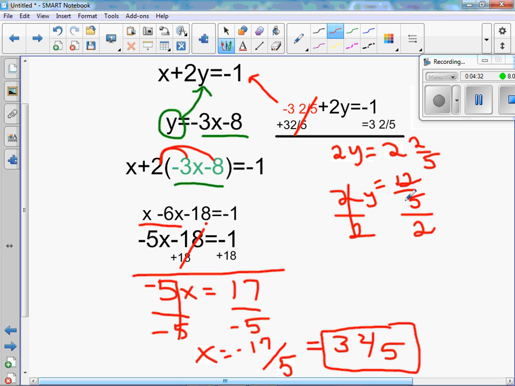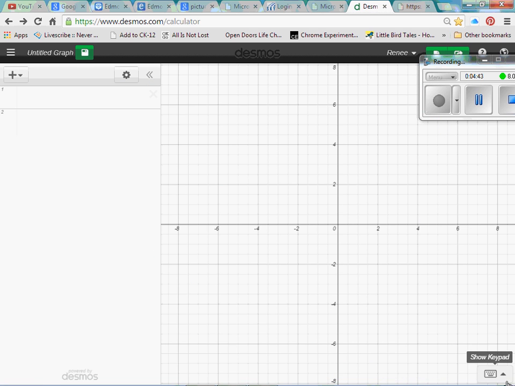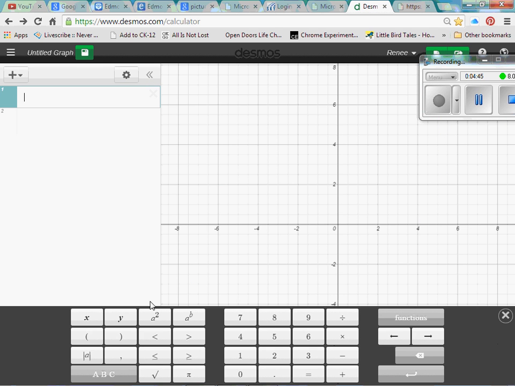So y equals 12 over 5 divided by 2. Why don't we just use our new calculator to figure that out? Put it in parentheses, because you have 12 divided by 5, and then you're going to divide that by 2. It came up with the answer, which is 1.2.